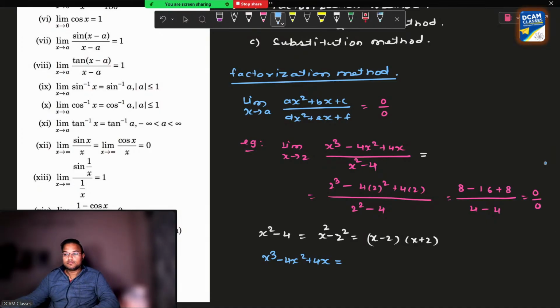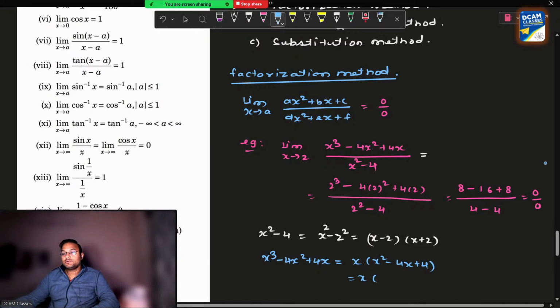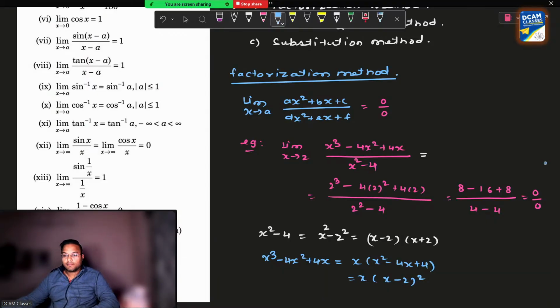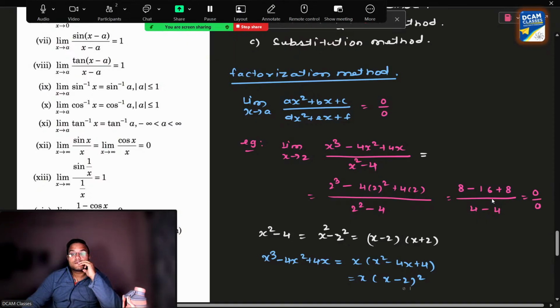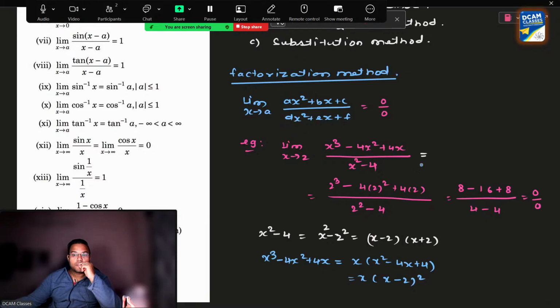See, it's x into x square minus 4x plus 4. You can write this as x into x minus 2 whole square, na? How much time are you taking, Anishka? I was calculating the final answer. X into x minus 2 whole square, na? Yes, sir, that's what I got. I thought I did some error.